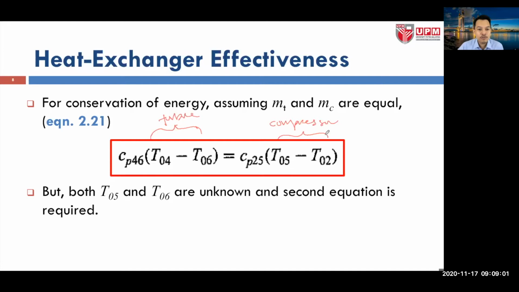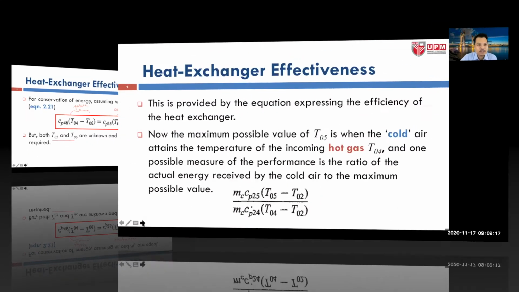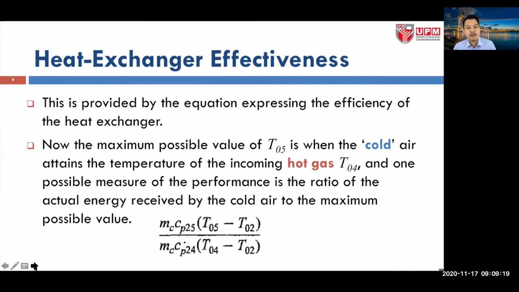But both TO5 and TO6 are unknown, and a second equation is required. Whenever we want to solve the problem, we have to use another equation, which is provided by the equation expressing the efficiency of the heat exchanger.